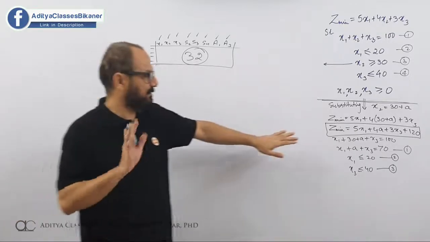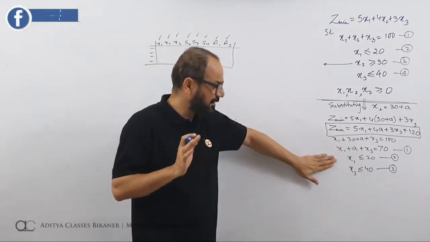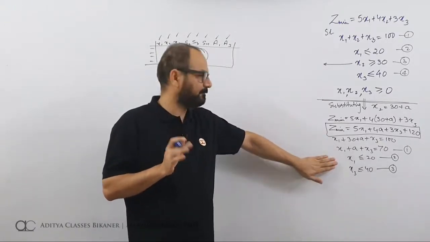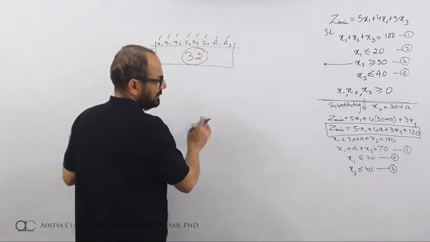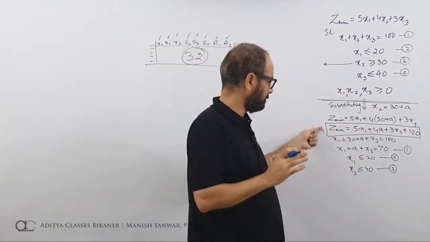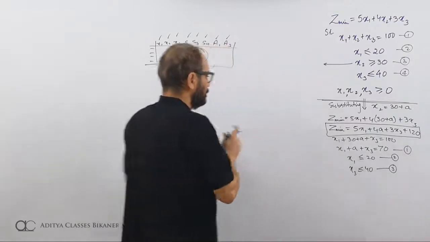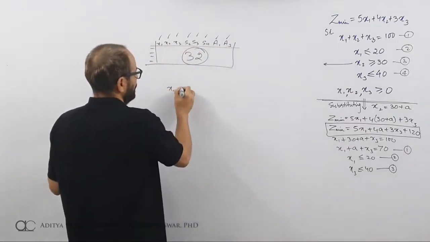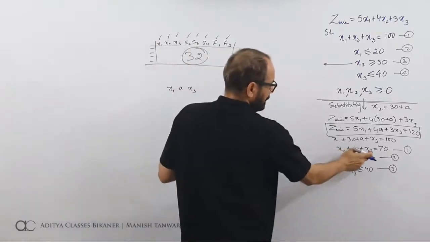Now let's just compare what the scenario is. First thing is I have only 3 constraints. And what are the variables? x2 is almost gone from my formulation. There is no x2 in my formulation, rather I have an a. So the variables would be x1, a, x3.